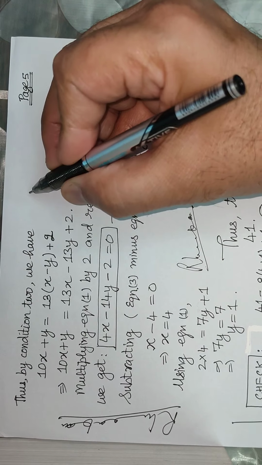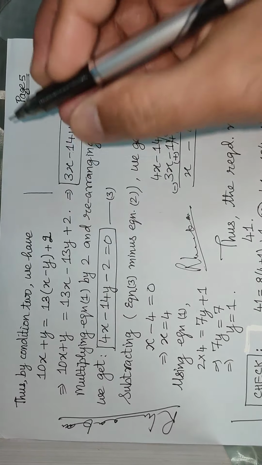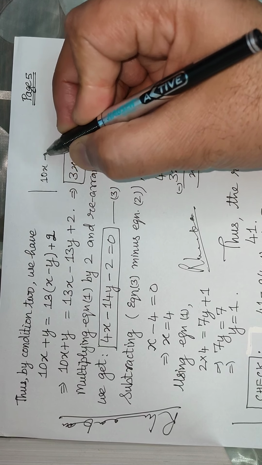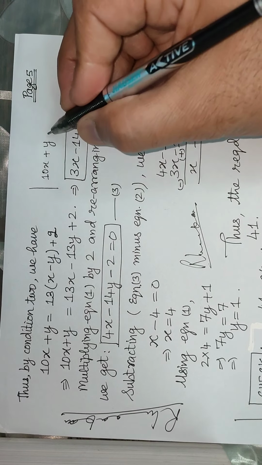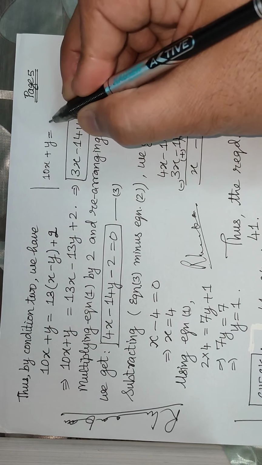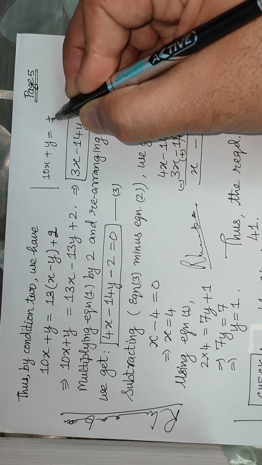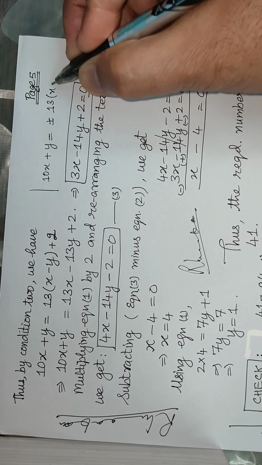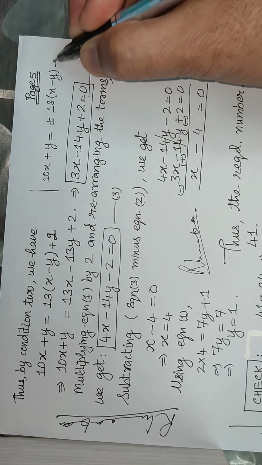And in that situation, you will write the second equation as 10x plus y equal to plus minus 13 times x minus y plus 2.